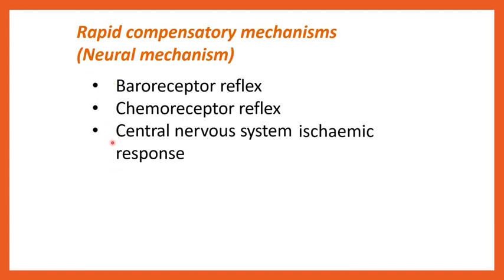All these three you have already seen in the regulation of the cardiovascular system. So these will be coming within seconds, coming into action within seconds when the blood pressure is decreased. So when the blood pressure is decreased automatically in hypovolemia also because of decreased blood volume.